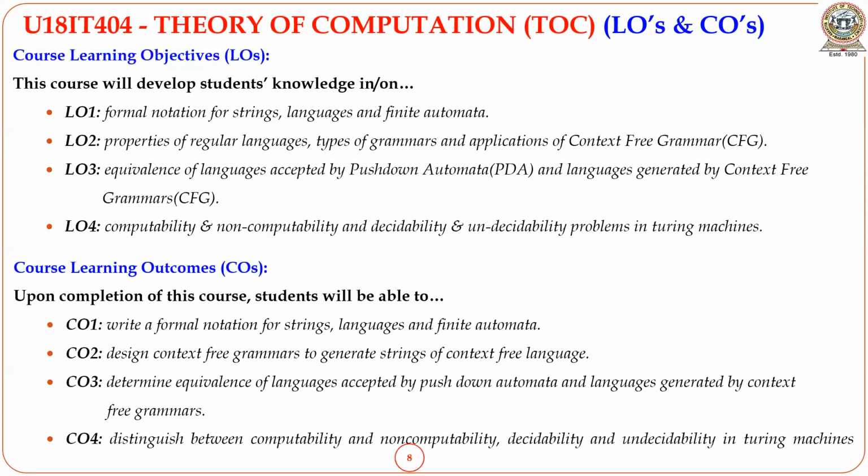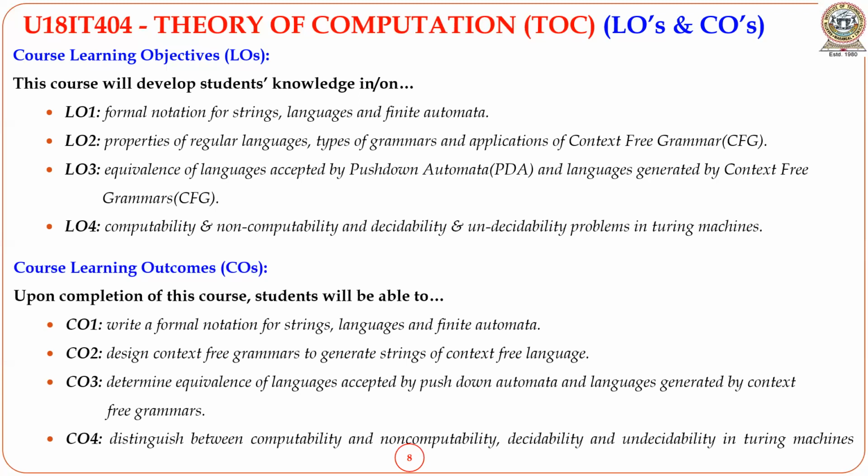Course outcomes. Upon completion of Unit 1, students will be able to write a formal notation for strings, languages, and finite automata. Upon completion of Unit 2, students will be able to design context-free grammar to generate strings of a context-free language.